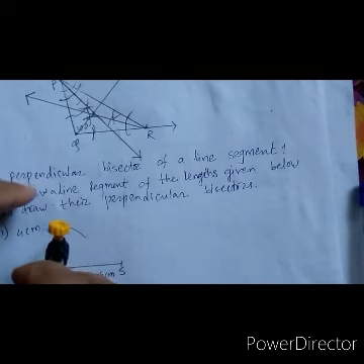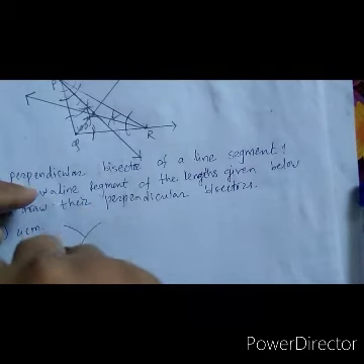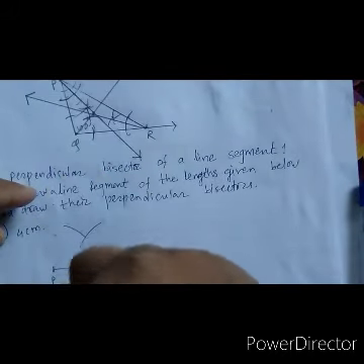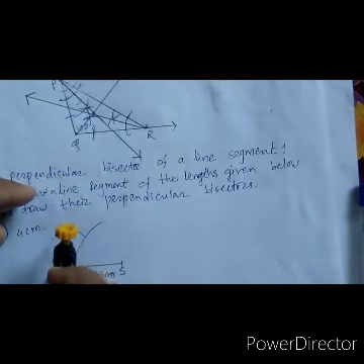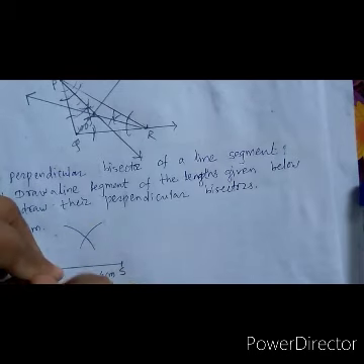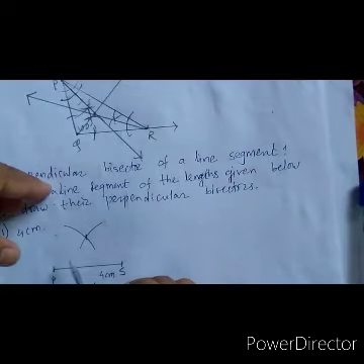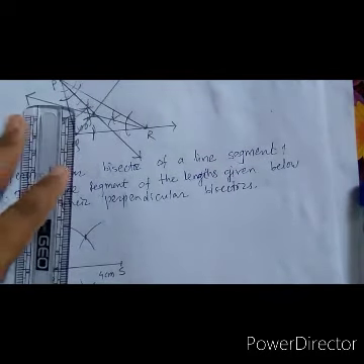Similarly, don't change the distance and put on the point S and draw the arc. Now we got here the intersection points of these 2 arcs, and now join these 2 points.